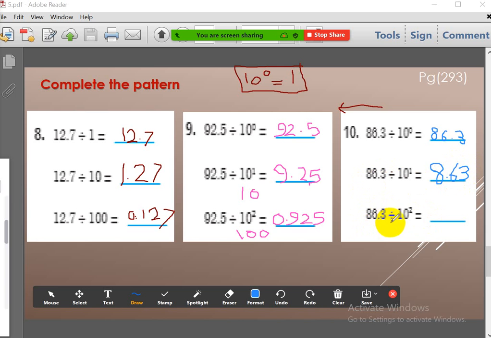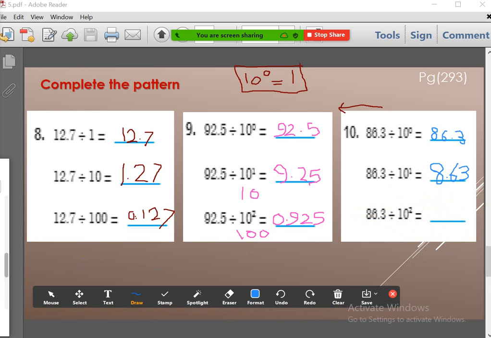Now 86.3 divided by the second power of 10. Let's see. Okay, yes, Celine, open your mic and give me the answer for this one. 0.863.